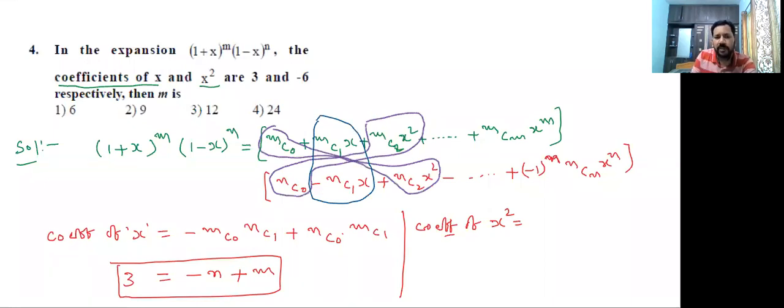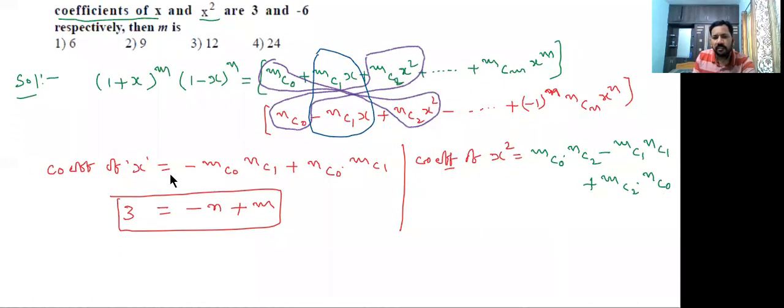So I am going to write one by one. First, mC0 into nC2. If you multiply both, we get minus mC1 nC1, middle term, plus mC2 into nC0. Students, do you understand? And the coefficient of x square value, minus 6, is given right here.